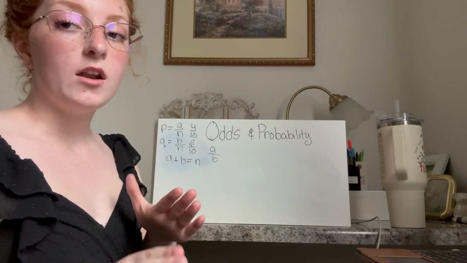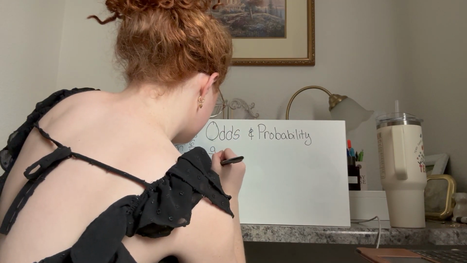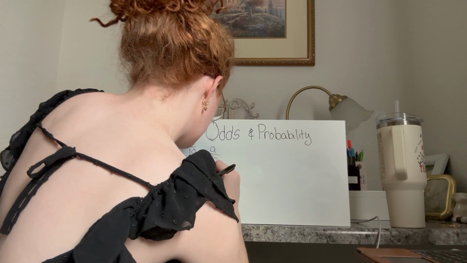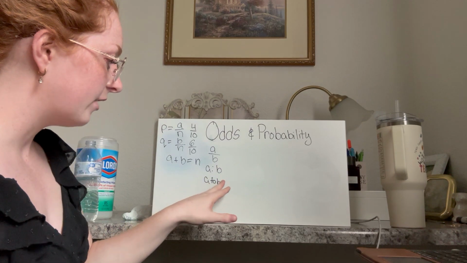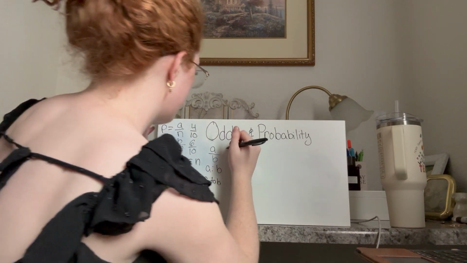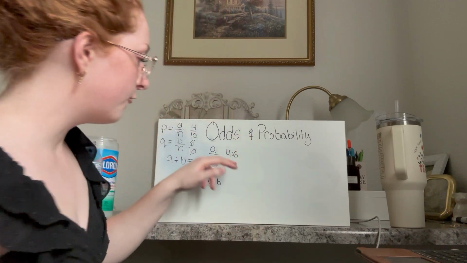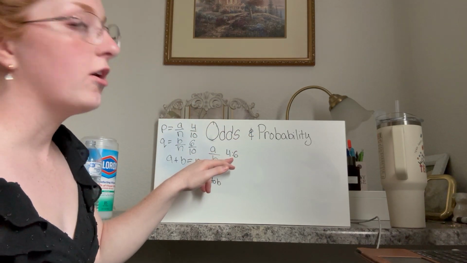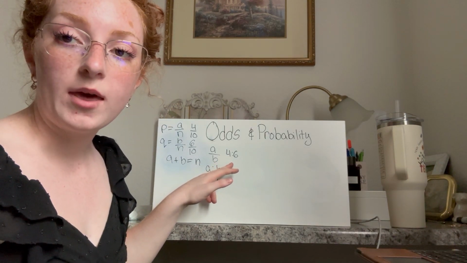Now, you can write odds a couple of different ways. Let me show you. A to B. You can write it all these different ways. It always means A to B. So in this example, it would be 4 to 6. 4 to 6 is the odds in favor of flipping heads, okay?